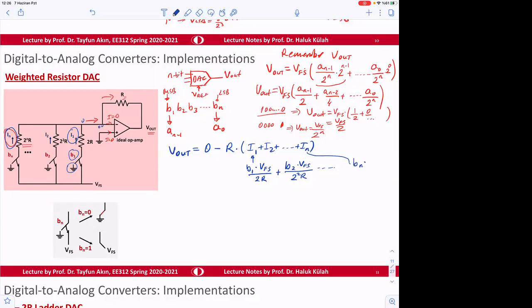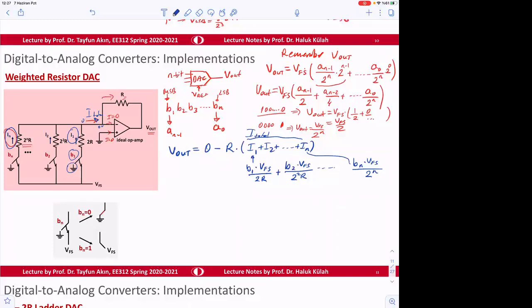Bn times V full scale divided by 2 to the power n R. So all these currents are added here, I total, and that current goes to R, and then voltage is created.